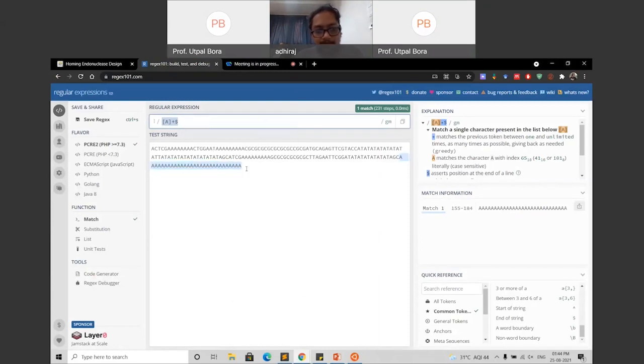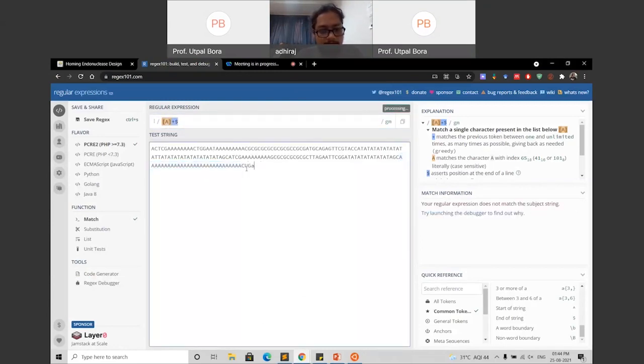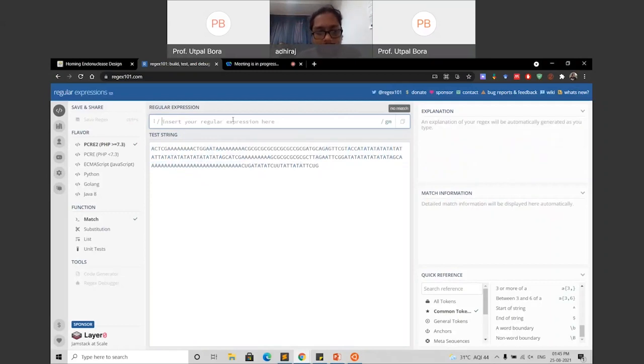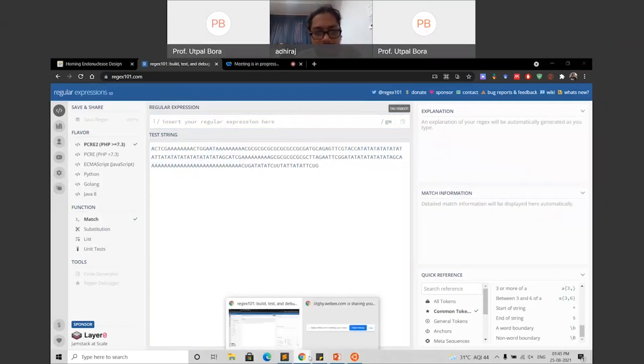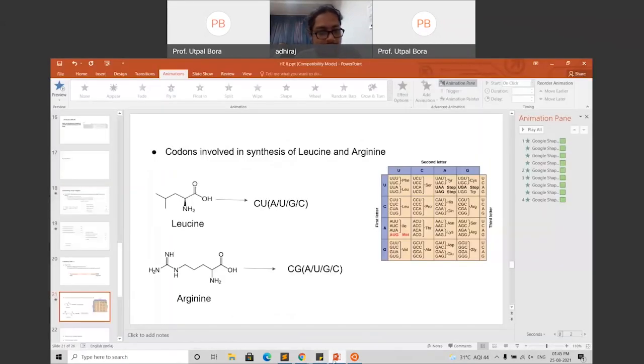Suppose we have CUG, then some sequences, then again we have CUU, then again some sequences and CUG. Now we only want the sequences which can give leucine in return.